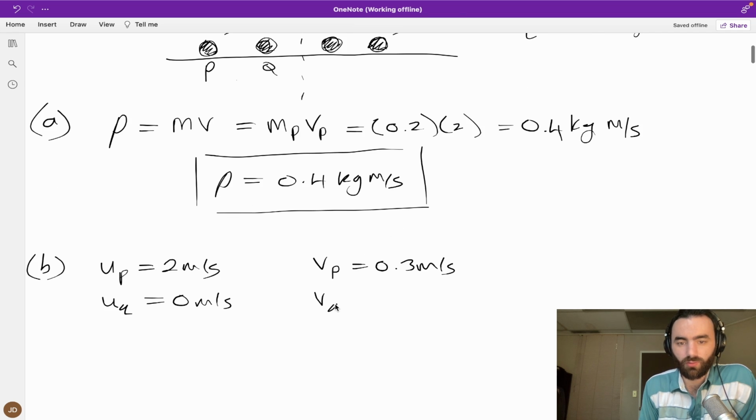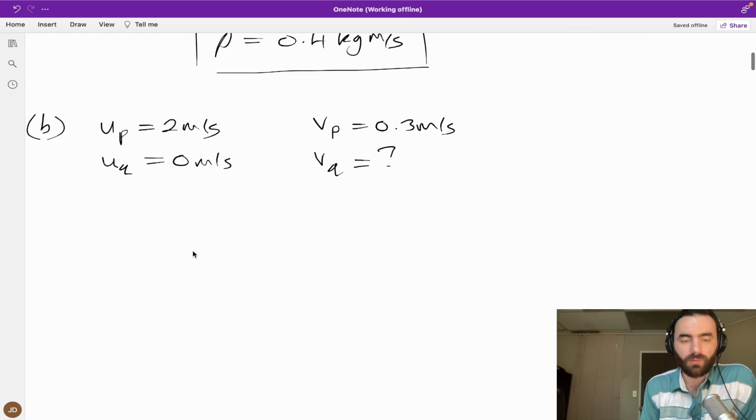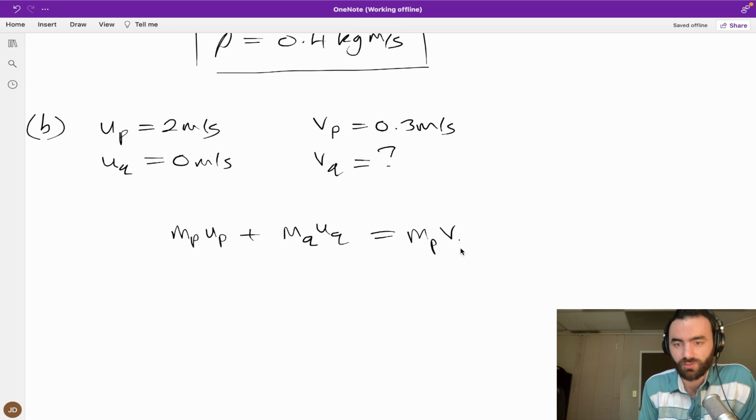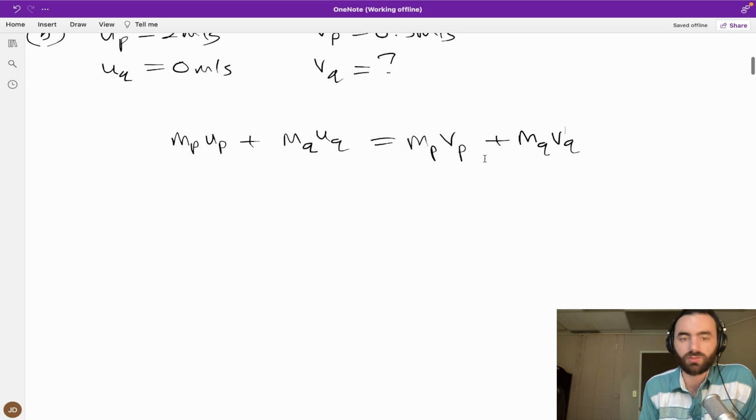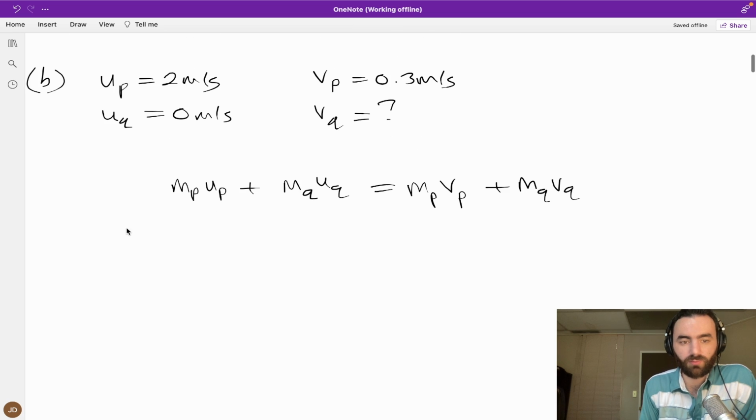VQ we don't know, but we want to find it. So MP UP plus MQ UQ, the momentum of P before the collision and the momentum of Q before the collision, equals the momentum of P after the collision plus the momentum of Q after the collision. So we just plug these values in.